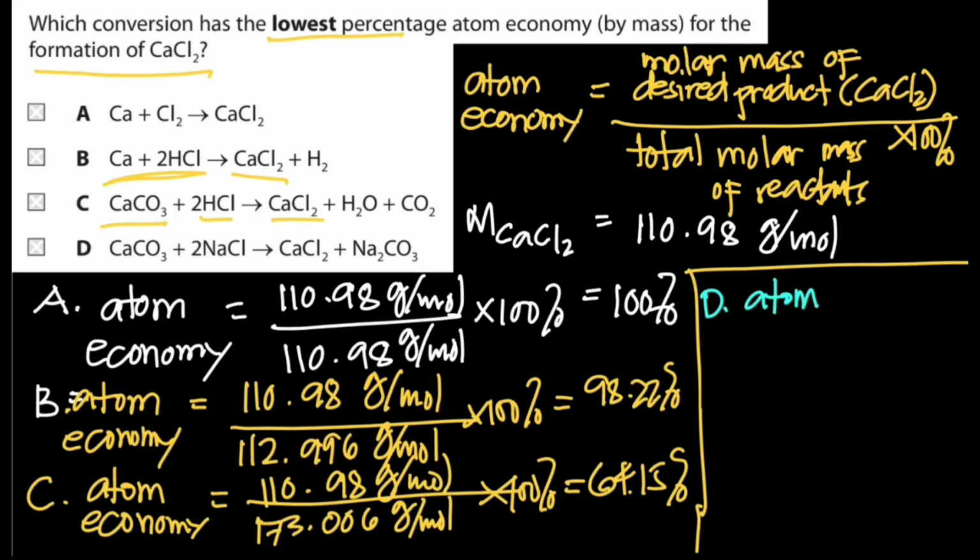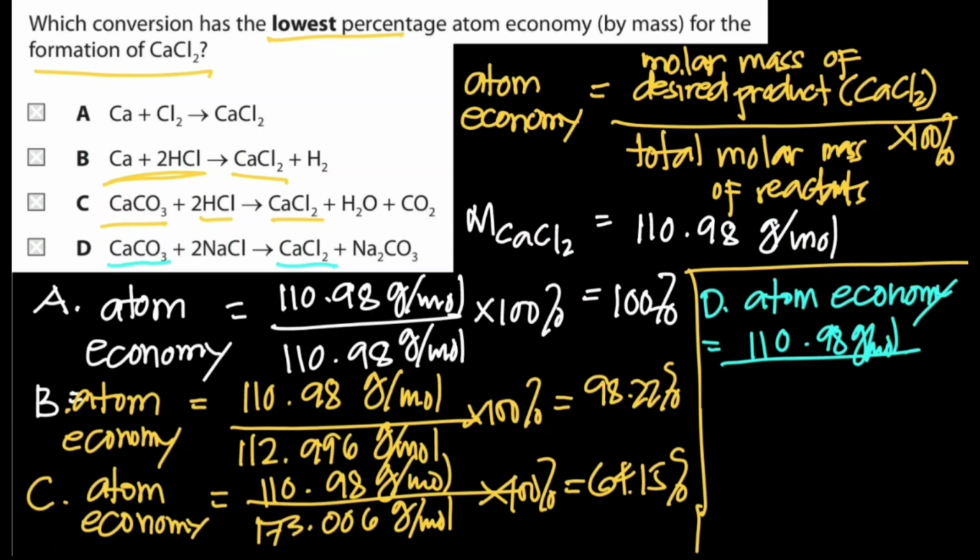And the last one, letter D. Atom economy is equal to the molar mass of the desired product CaCl2, which is 110.98 grams per mole, divided by the total molar mass of the reactants.